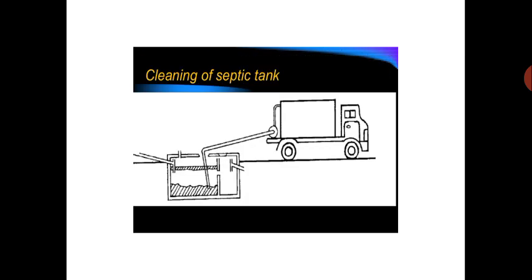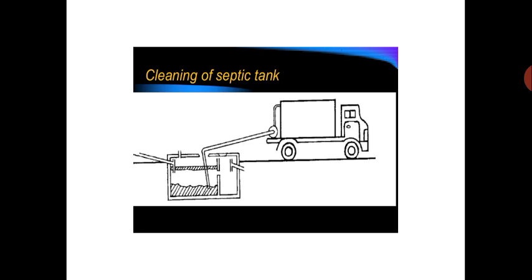Of course, I already said that the cleaning of the tank systems is done regularly once it is overflowing, or once it is unable to be done using some vehicles. That vehicle has a pump.